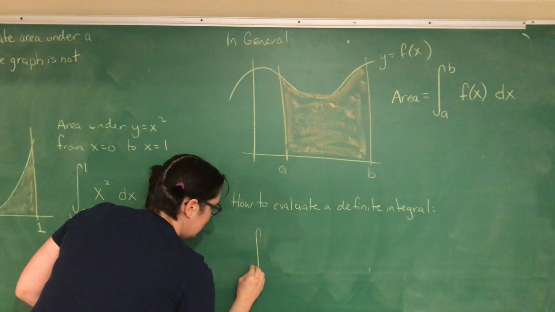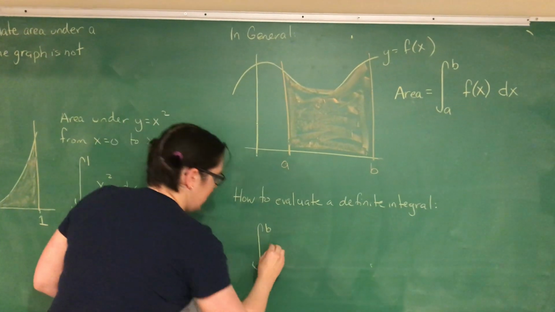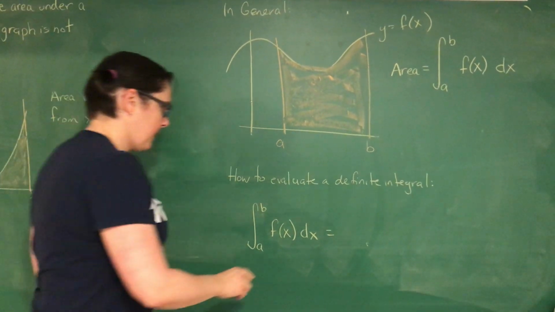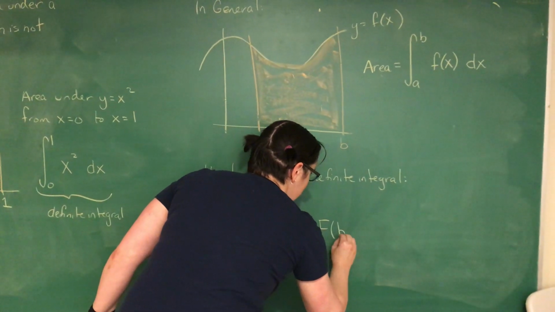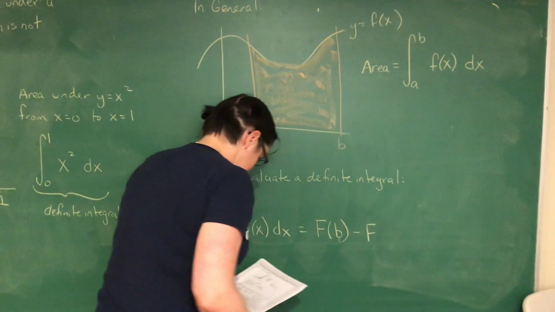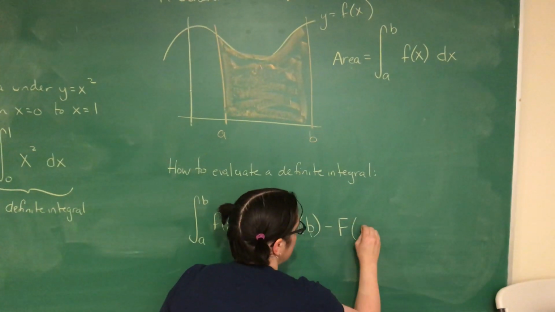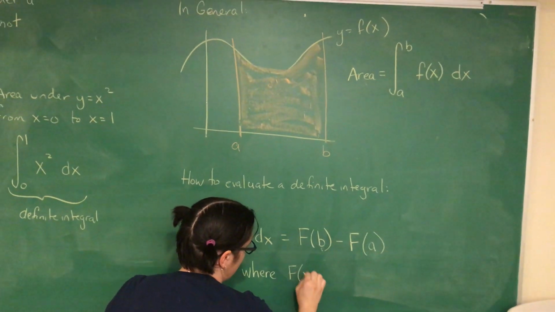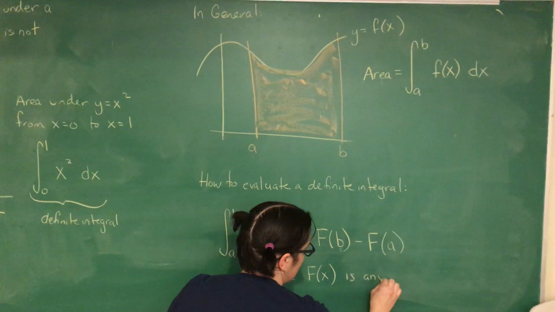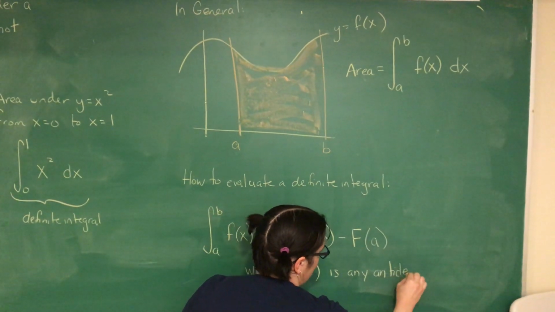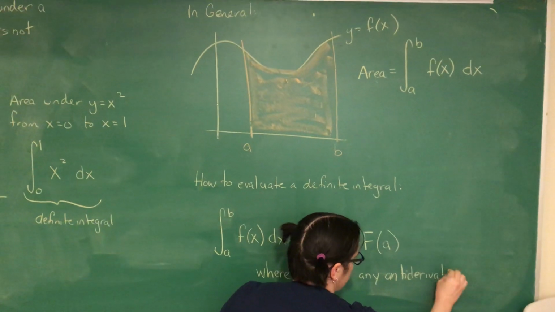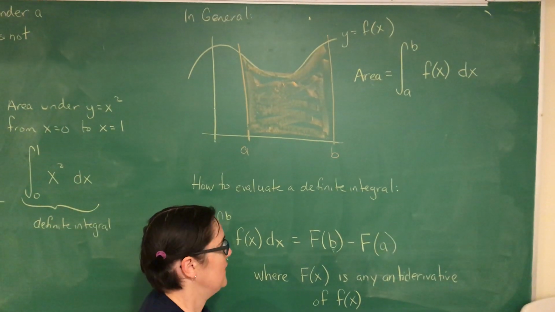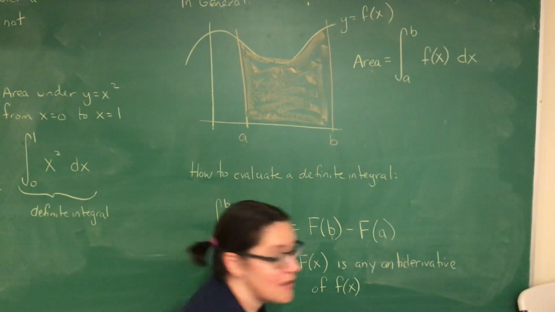Well, the way we evaluate a definite integral is we write down the integral from a to b of f of x dx is equal to capital F of b minus capital F of a, where capital F of x is any antiderivative of little f of x. Okay, there's a lot of symbols going on there. Let's talk about what they mean.